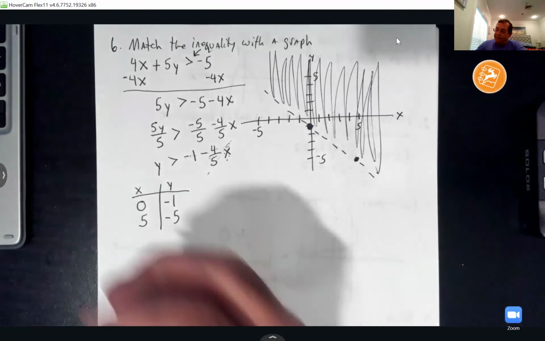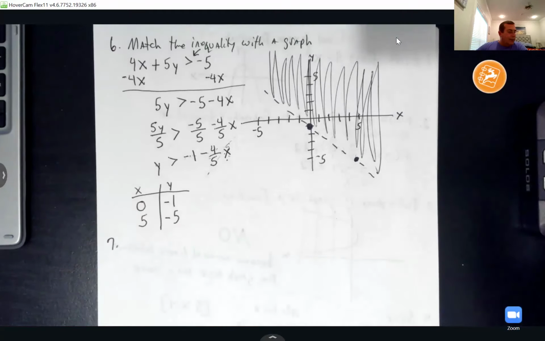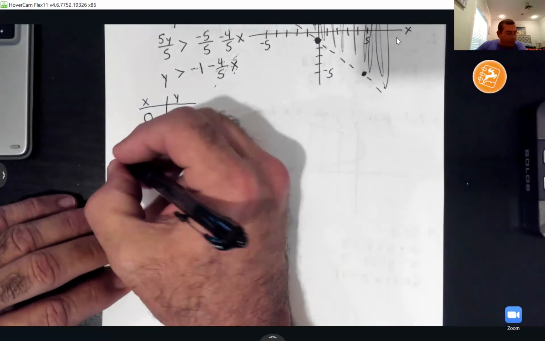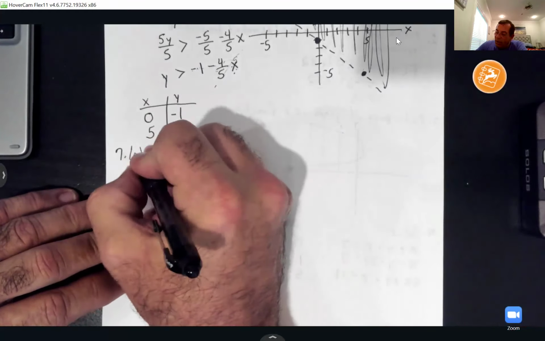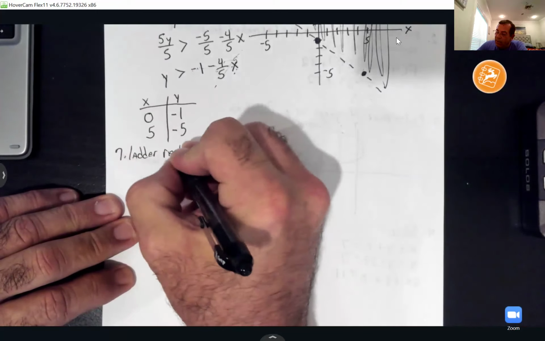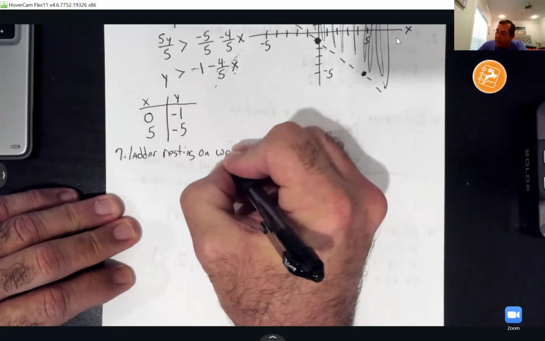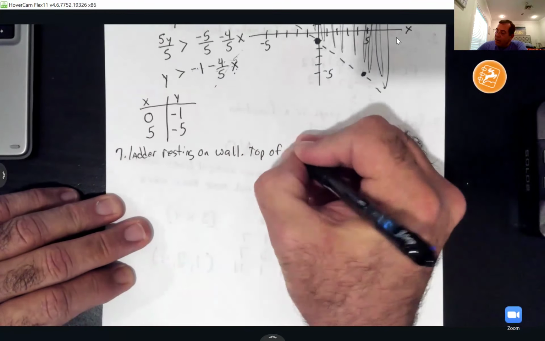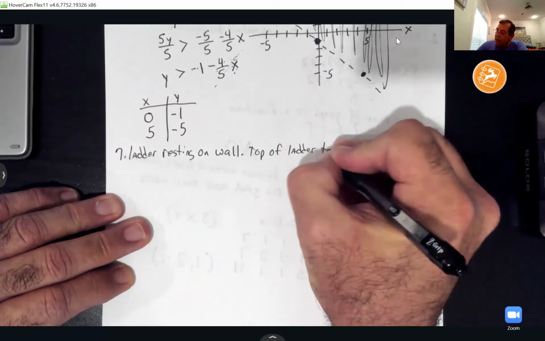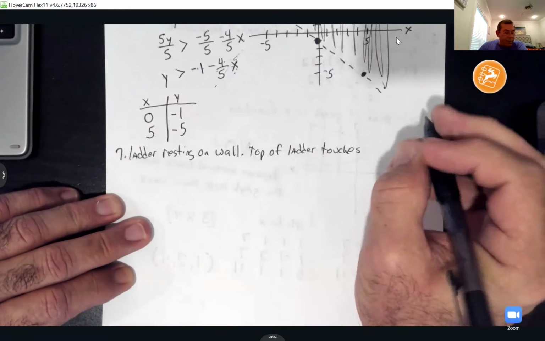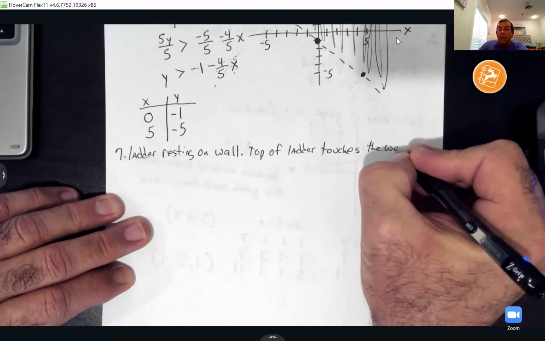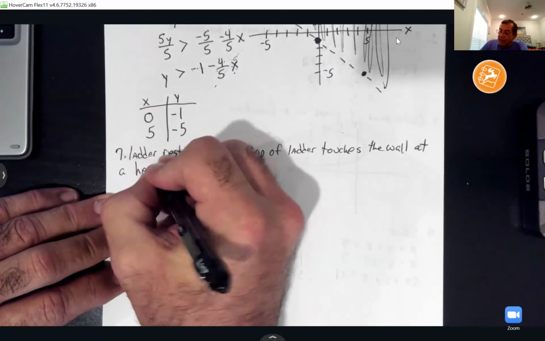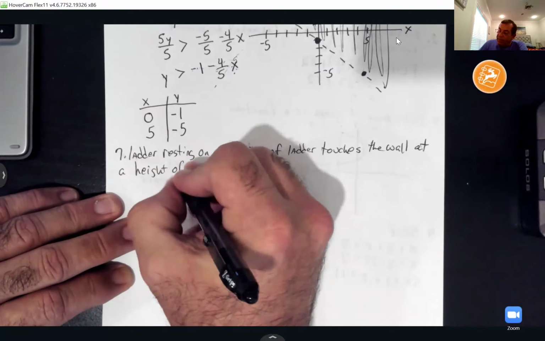All righty. Uh-oh, 7's our other favorite one. This is the ladder. So a ladder resting on a wall. Top of the ladder touches the wall at a height of 15 feet.